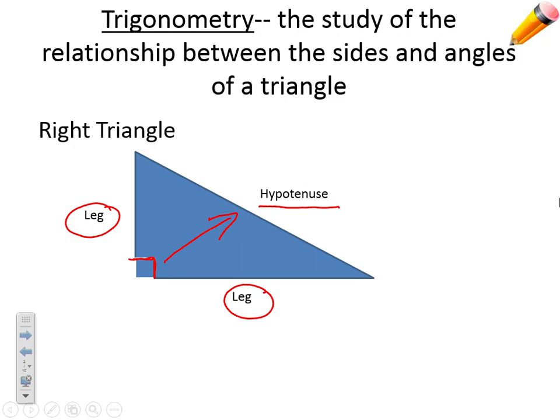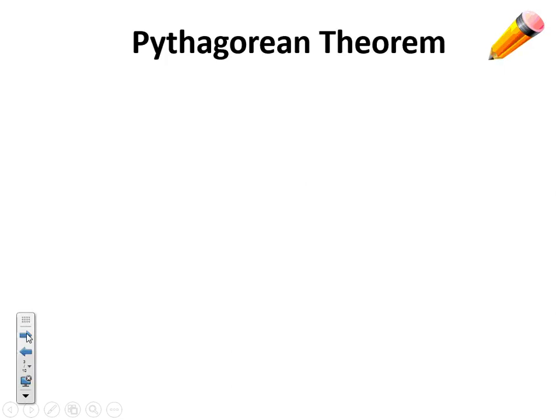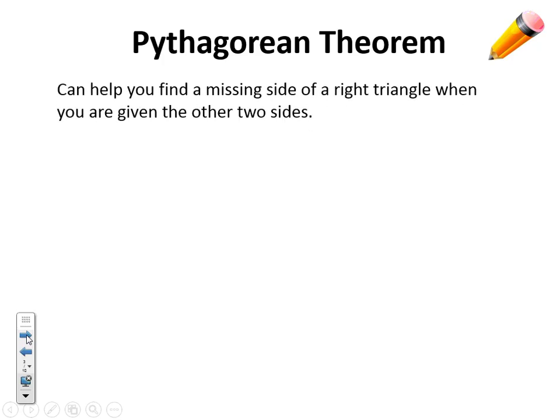All right, moving on. Big topic, Pythagorean theorem. Hopefully you all already know what this is, but it can help you find the missing sides of a right triangle when you are given two sides. So we're going to have a squared plus b squared equals c squared. We must have that.